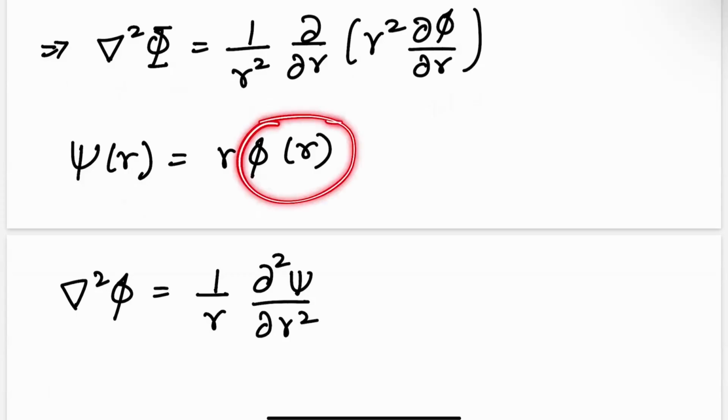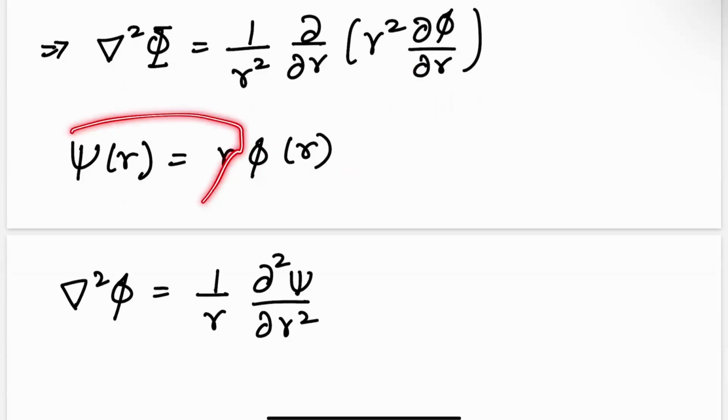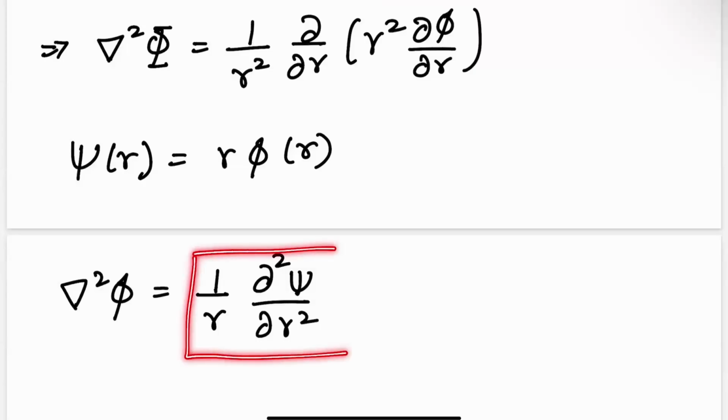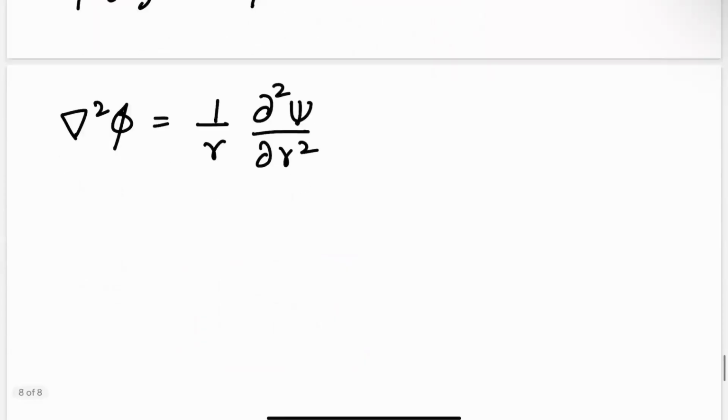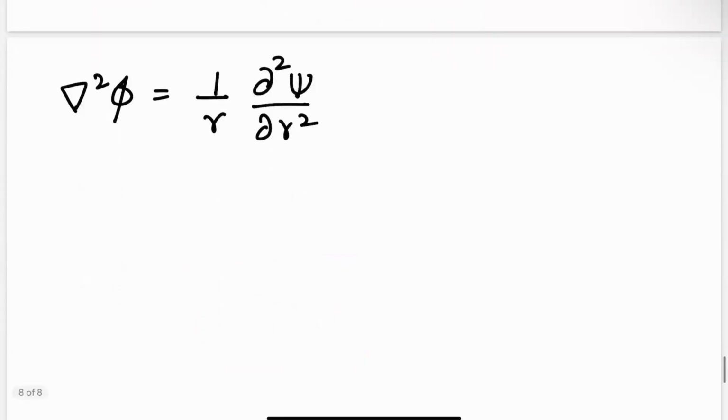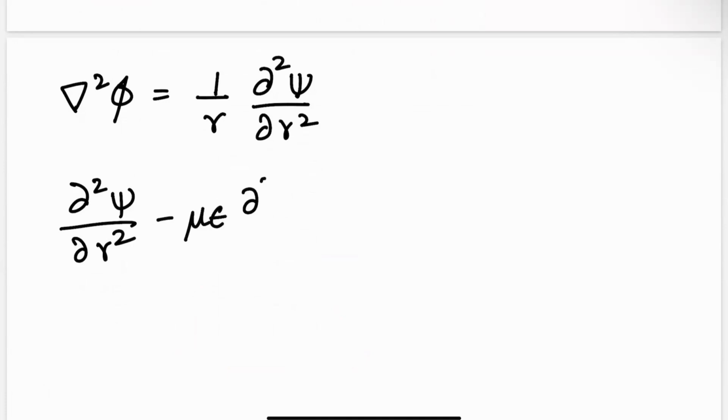You can substitute psi of r over r into this, and then take the derivatives, and you'll see that you will get nothing but 1 over r d squared psi over dr squared. Okay, so now that we have that, we can substitute that in the wave equation. And that gives us d squared psi over dr squared minus mu epsilon d squared psi over dt squared is equal to minus q over epsilon r delta of r.